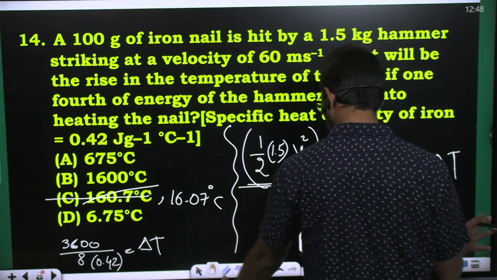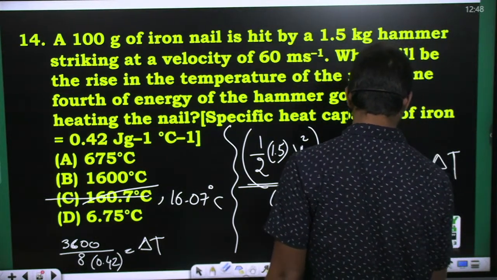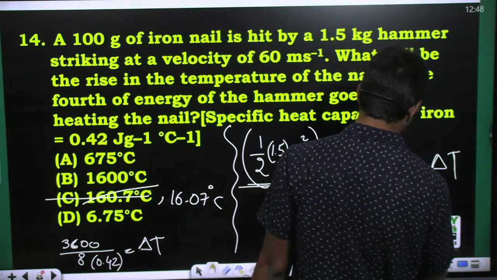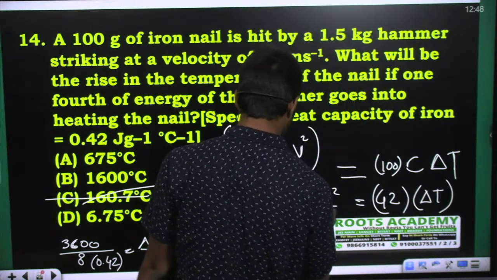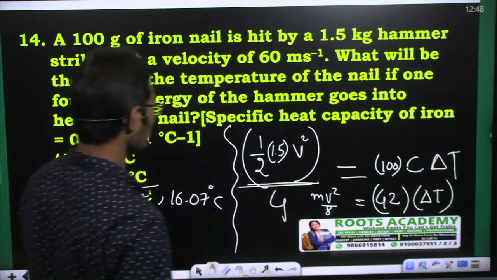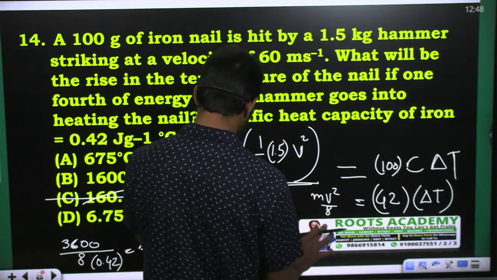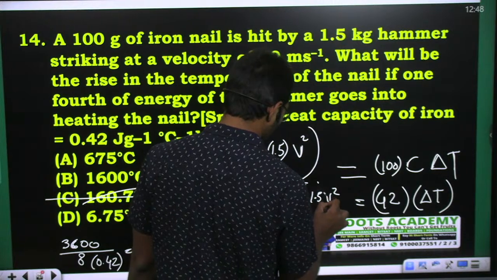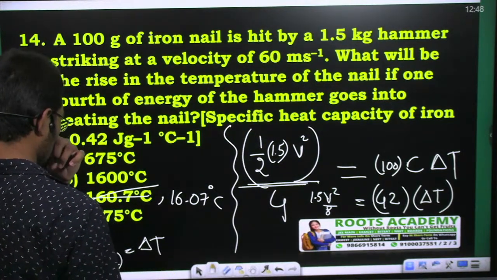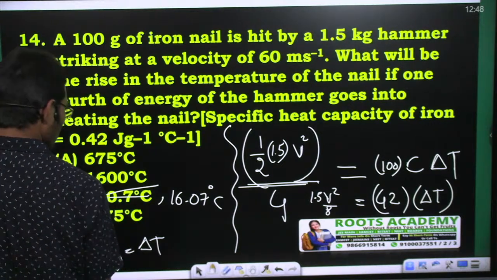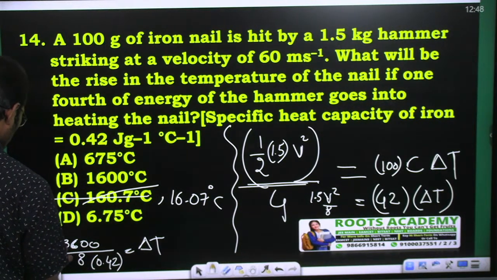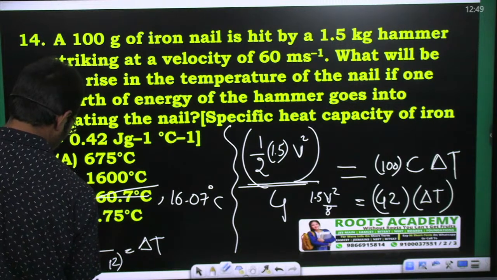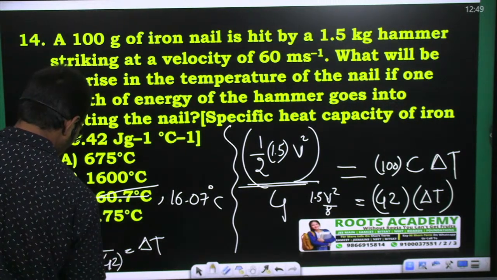What do we get here? 42 into delta T. m v square, that is 1.5 v square by 8 is equal to 42 into delta T. So 1.5 v square by 8 is equal to 42 into 8.